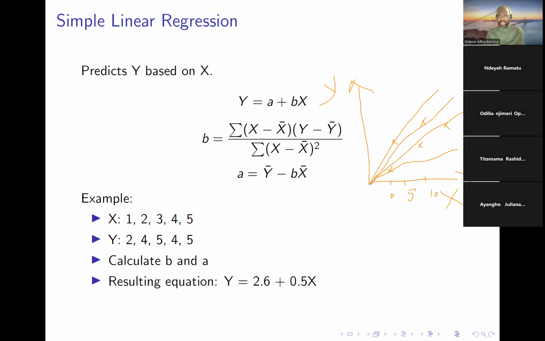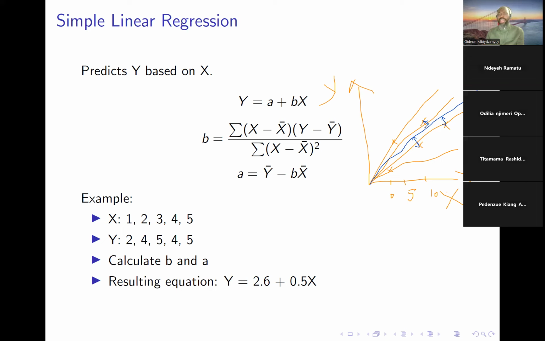So it looks for different lines until it finds the best line, which divides the data in such a way that the errors are the minimum. The errors are how far away is this from this line? This is an error. How far away is this from this line? This is an error. How far away is this from this line? This is an error. So it measures these errors, squares them, and takes the square root.